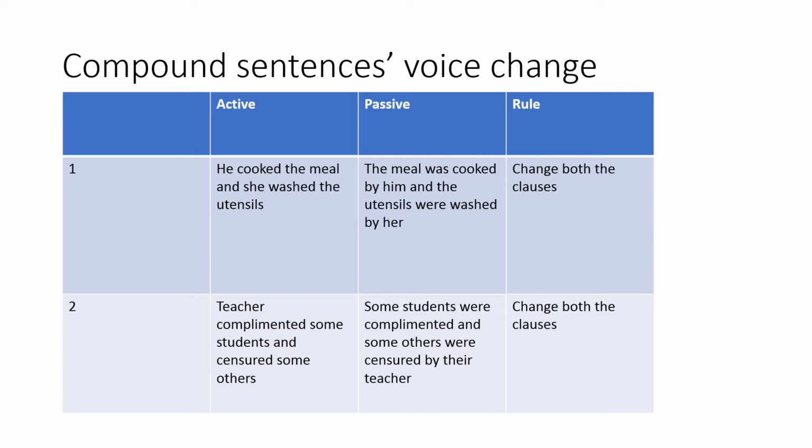In my example, I have used two clauses which have been connected by "and." As per the rules, you will have to convert both the clauses into passive form, and the rest of the part will remain the same as what we have learned in our basic rule.